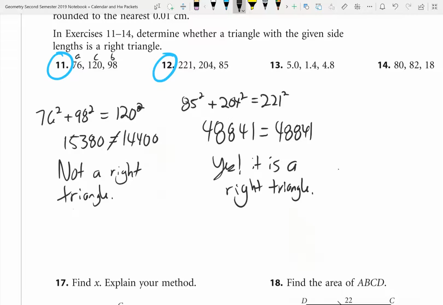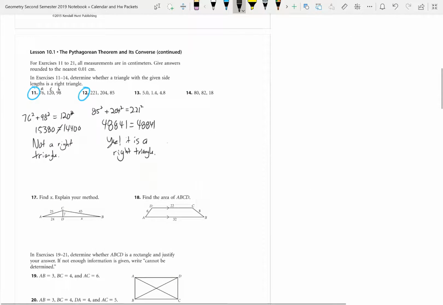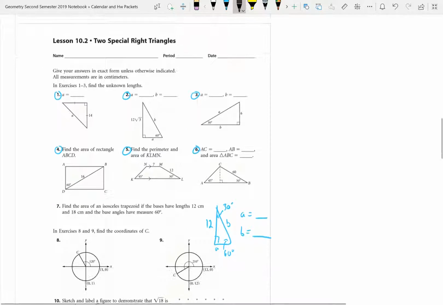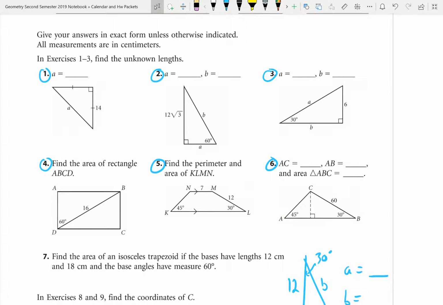Okay. Well, that concludes the 10.1 content. Now in 10.2, you need to make sure that all your answers are in exact radical form. That means no decimals at all. So for this one here, this is a 45, 45, 90 triangle because it's an isosceles right triangle.